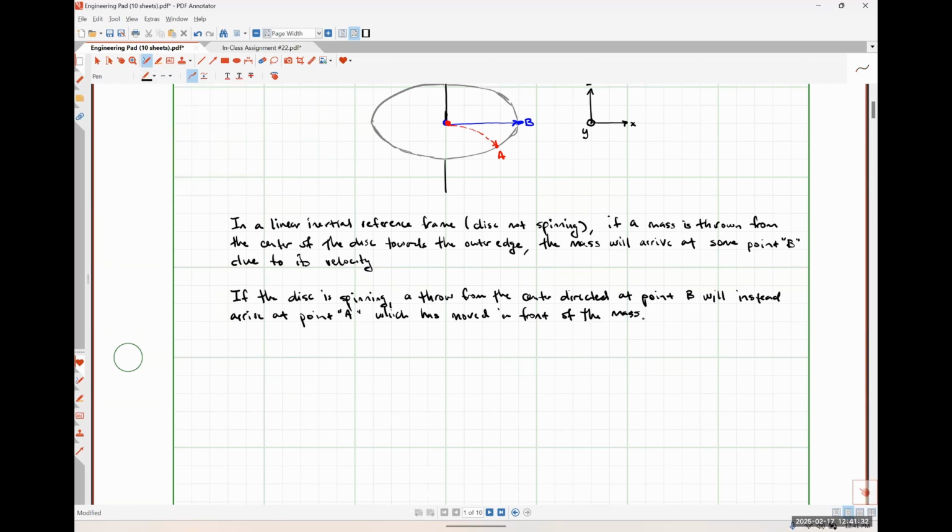So the mass will travel a curved path from the perspective of an observer on the spinning disk.